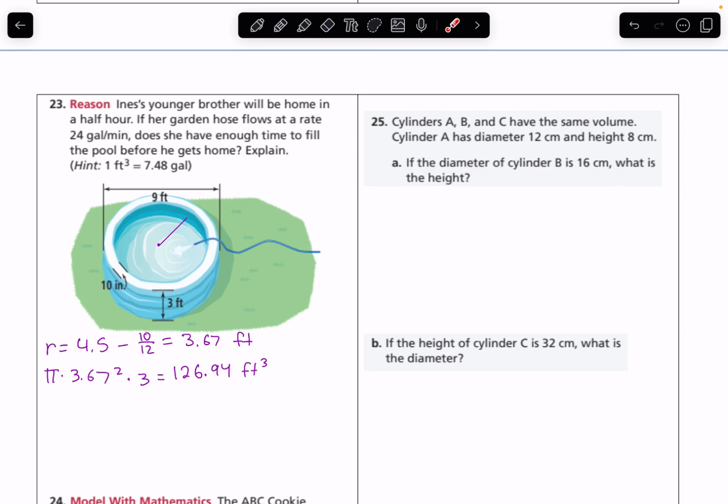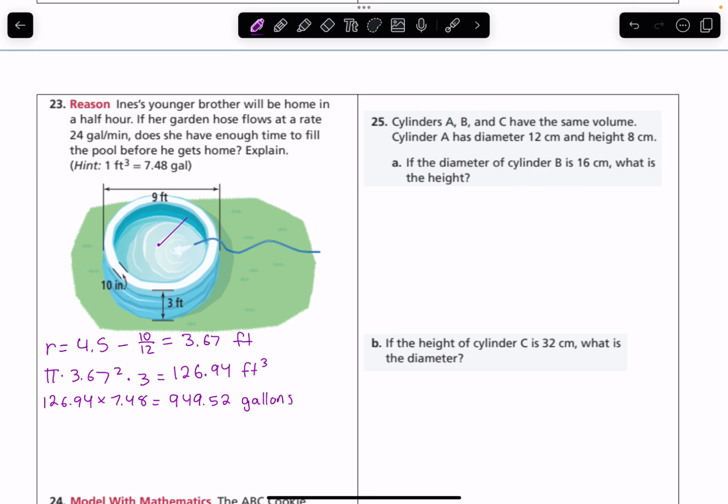So we're going to take 126 cubed feet multiplied by 7.48 to figure out how many gallons it is. So 126.94 times 7.48, it's going to give us 949.52 gallons.